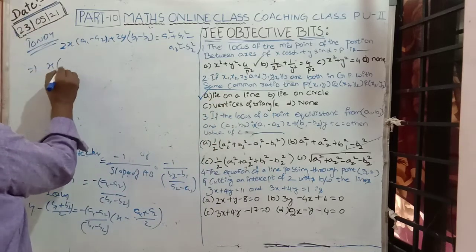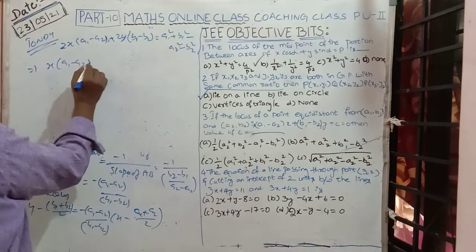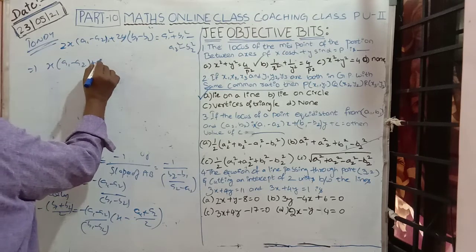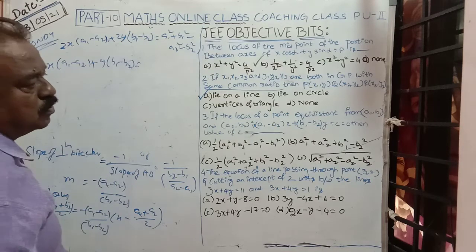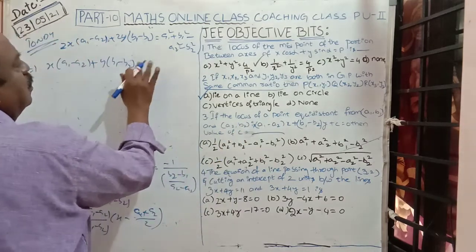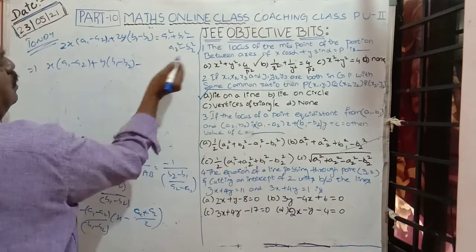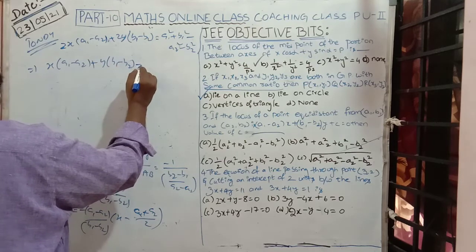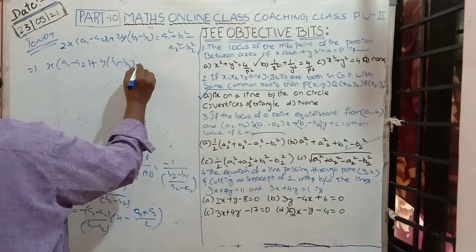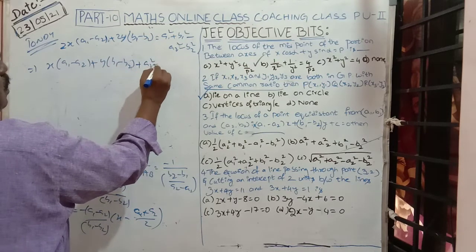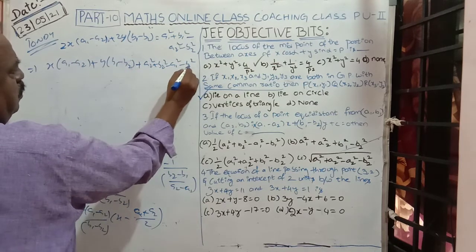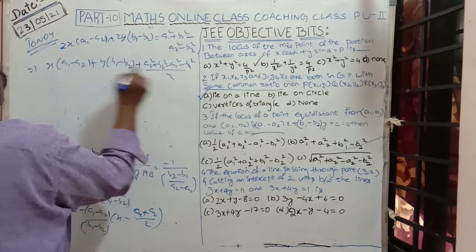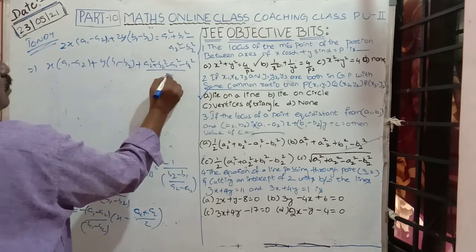So that can be written as x of a1 minus a2, y of b1 minus b2, plus c, which is equal to a2 square plus b2 square minus a1 square minus b1 square by 2, because with 2 we are dividing.